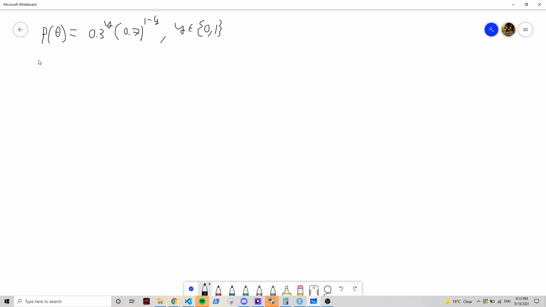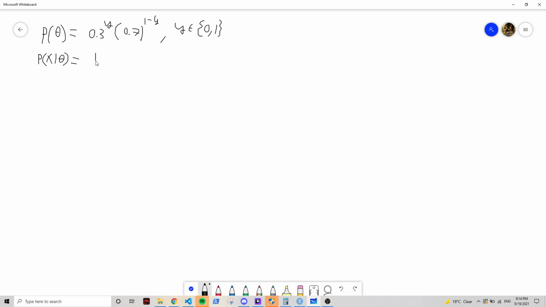Now let's define our dependent random variable x given theta. I'm going to write this in a somewhat weird way, but it will make sense shortly.